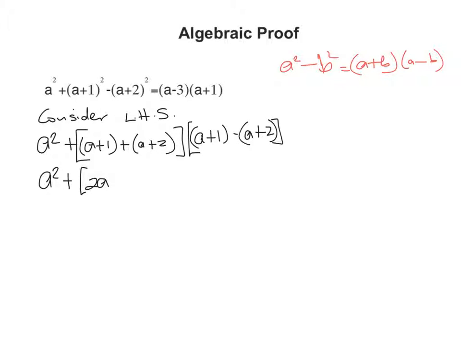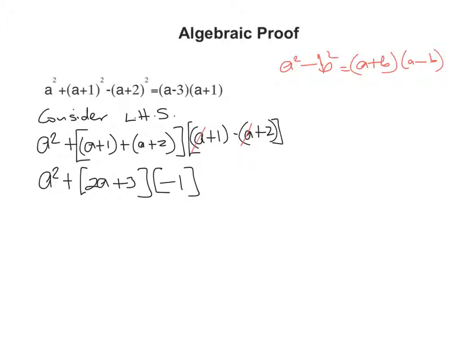And then 1 plus 2 can add to give me 3. So that's what's in that big bracket. In this other big bracket on this side over here, a take away a cancels out, so that is now gone, no longer useful to me. And now 1 take away 2, well, that's just going to give me minus 1. So minus 1 in there.